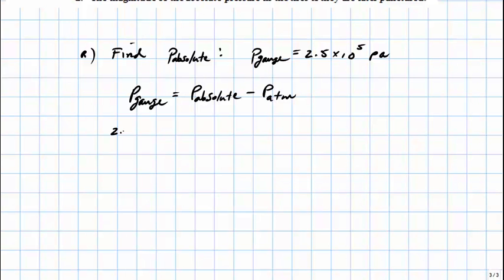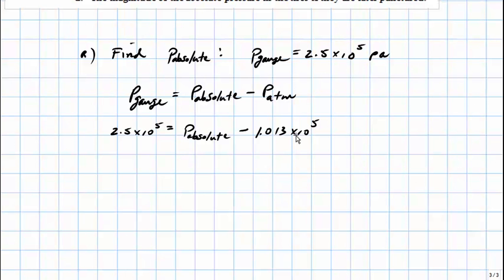P gauge, of course, equals 2.5 times 10 to the fifth. We're trying to find the absolute pressure. And atmospheric pressure was given as 1.013 times 10 to the fifth pascals earlier in our discussion.